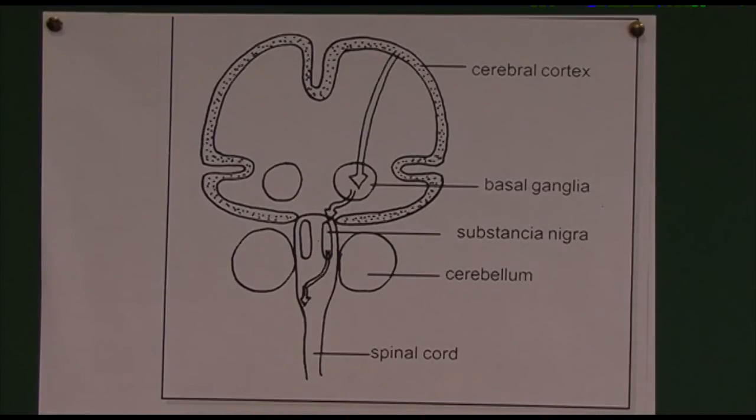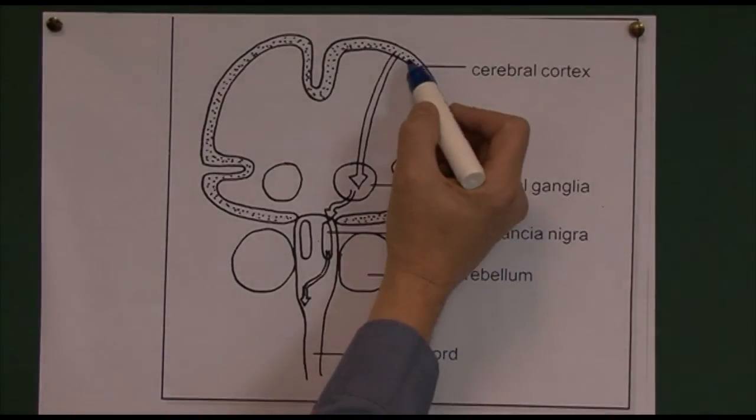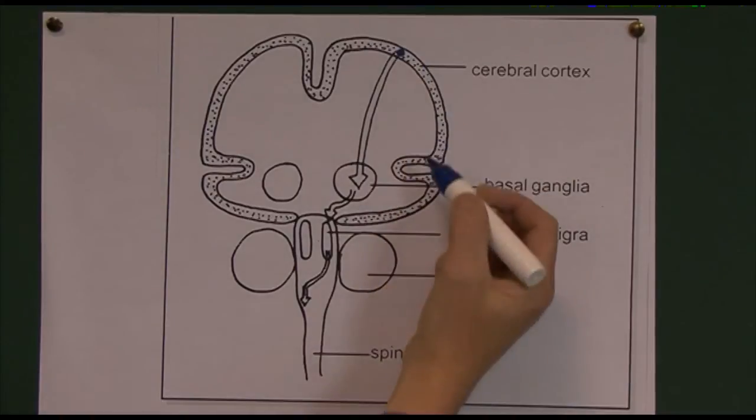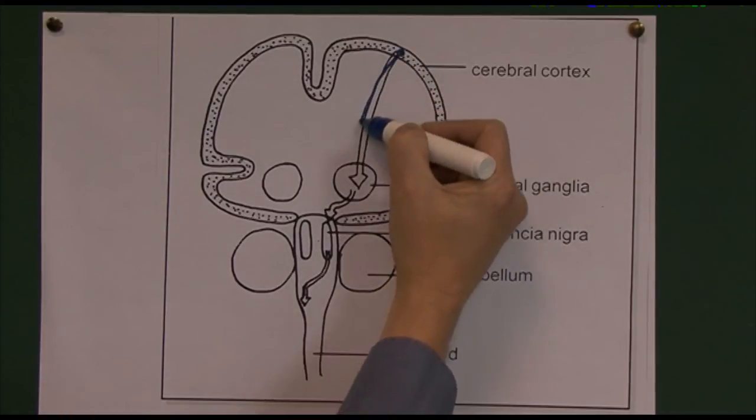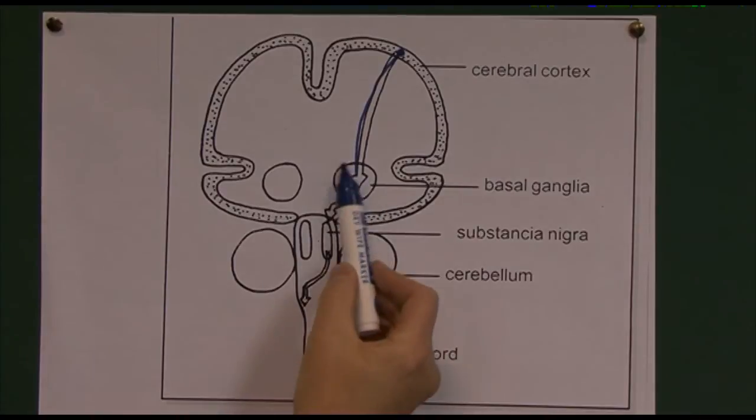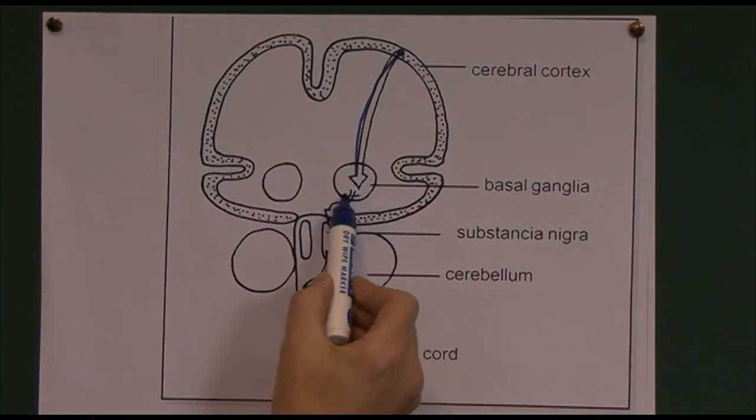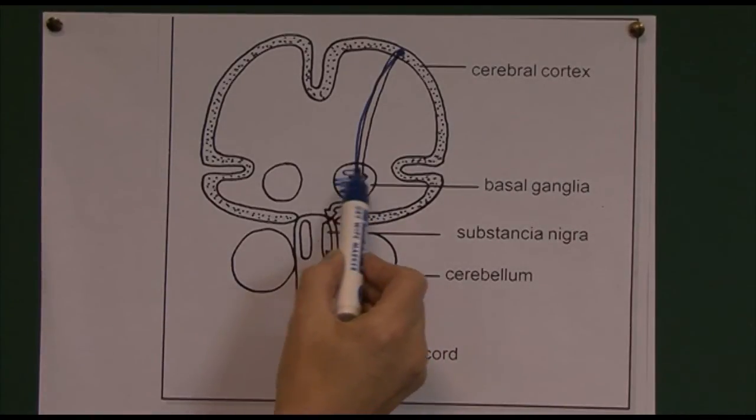Now the converse of the pyramidal system is the extrapyramidal system. So impulses still arise in the motor cortex as usual, go down through the brain, but here the impulses are processed in the basal ganglia or the basal nuclei.